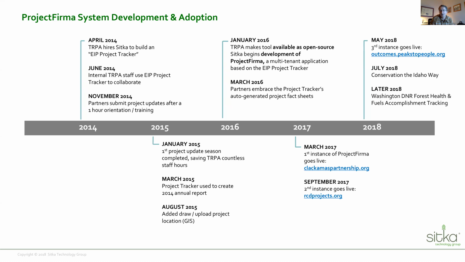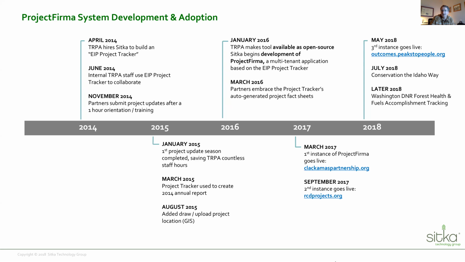So after better than expected response and a pretty strong adoption from partners, TRPA was encouraged to invest further in things like allowing users to upload GIS files to provide a more detailed visual depiction of their projects on the ground, and to do things like auto-generate project fact sheets so that projects could be better represented in the public eye.